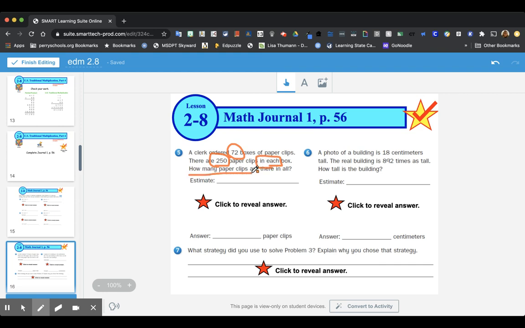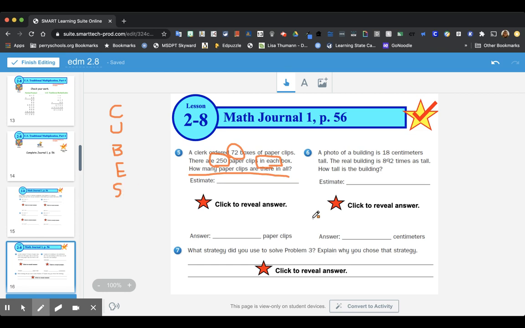How many paper clips are there in all? So don't forget, when you are doing story problems, the best way to start these off is to use CUBES. Circle your numbers, underline your question so you know what you're supposed to do, box in important words, evaluate your work, and solve.